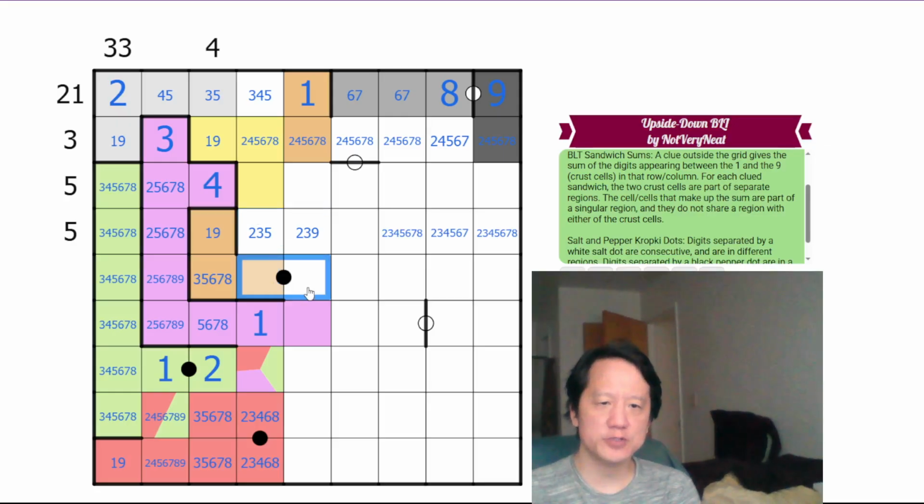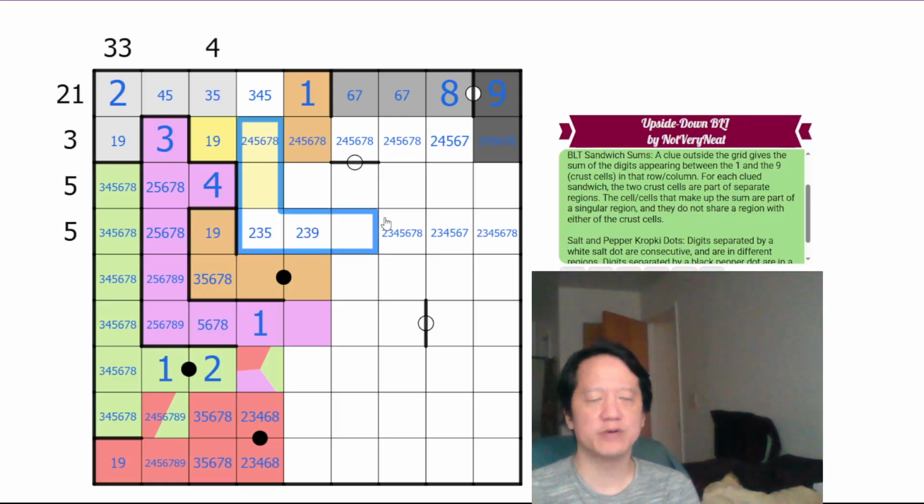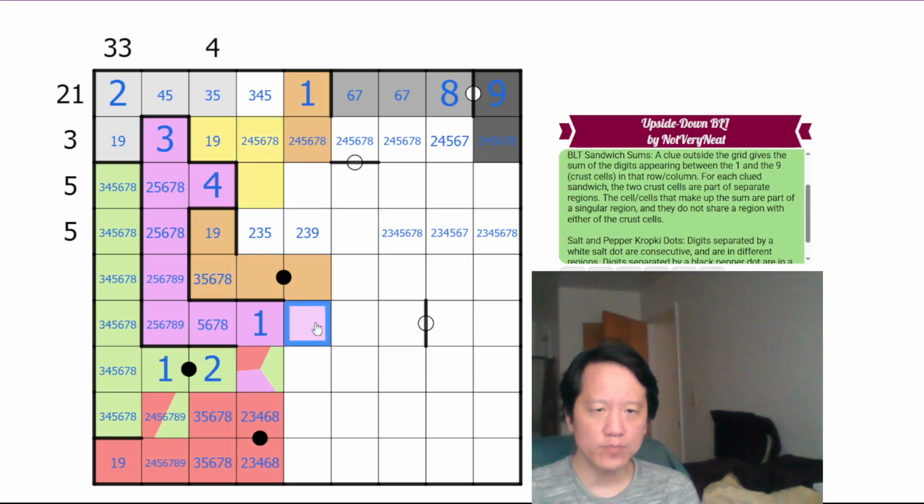This is part of the same region, so it has to be that way. 1, 2, 3, 4. Technically, this could go out. Yellow could go out this way, and this orange could go that way, and that's possible. This could go down though.